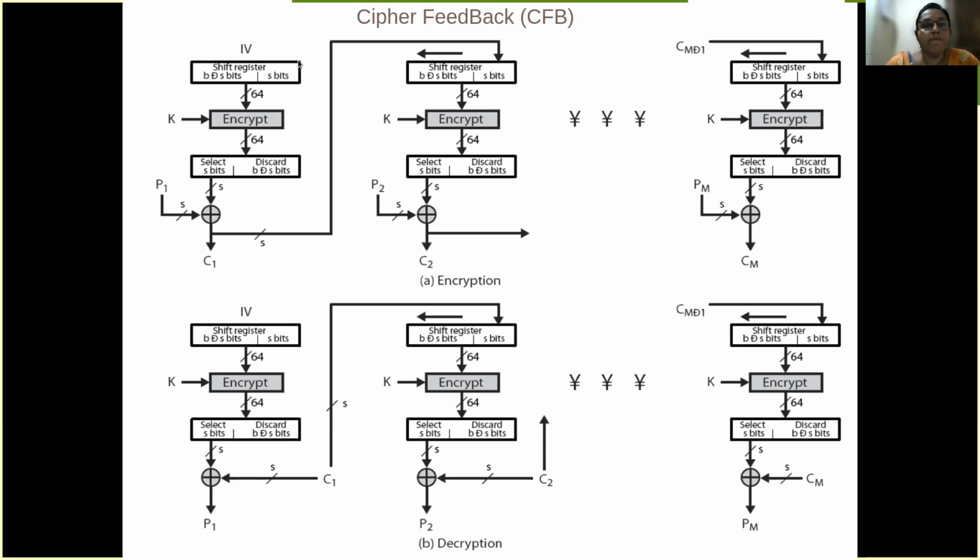So now look over here. The first value, C0, is the IV. This IV is 64 plus S bits.